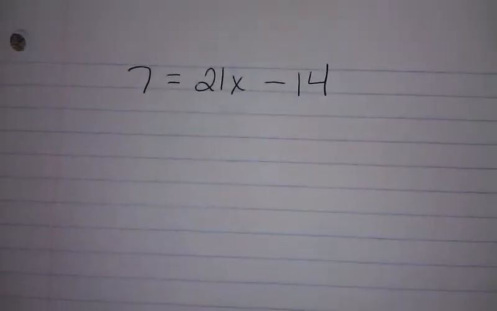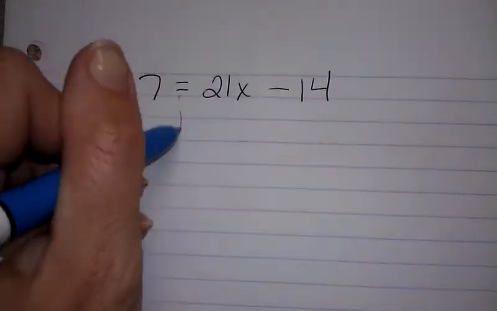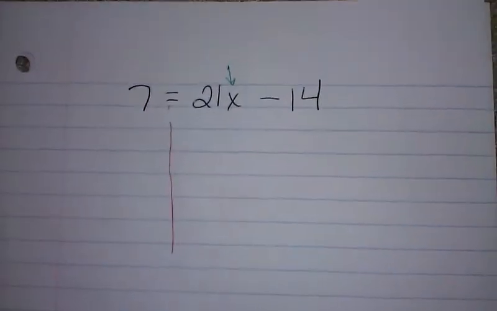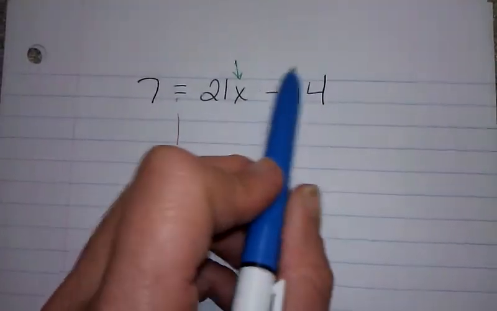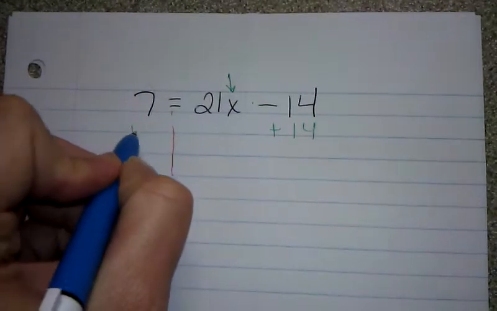Next one, pause the video, come back and see how you did. I'm going to draw my dotted line. I'm trying to get x by itself right here. Well, I need to do addition and subtraction first, and there's the minus 14. So I'm going to add 14 to each side.